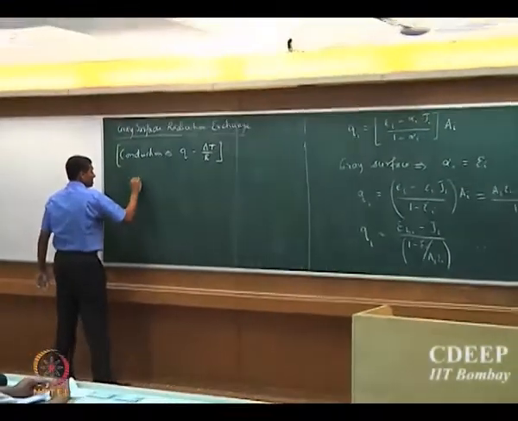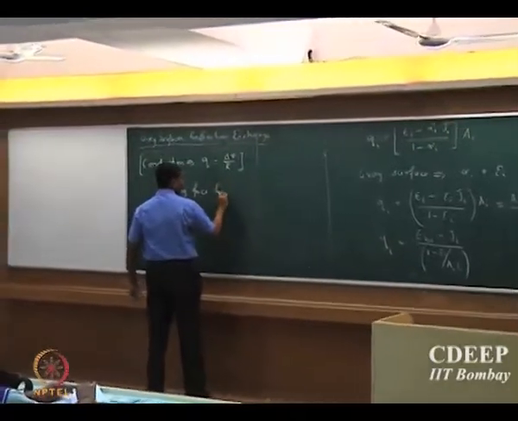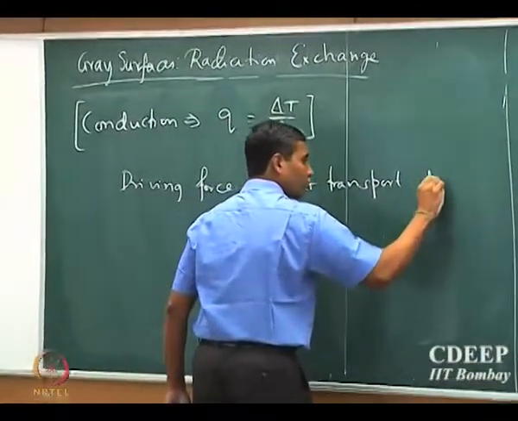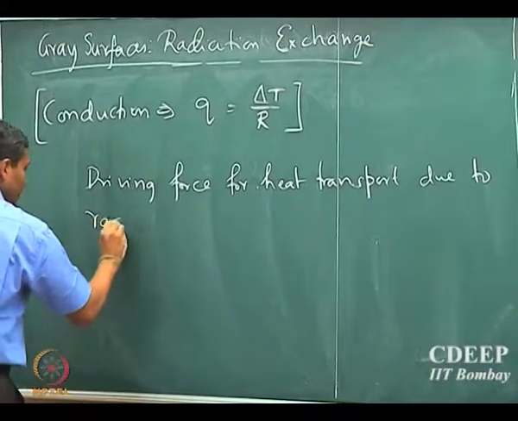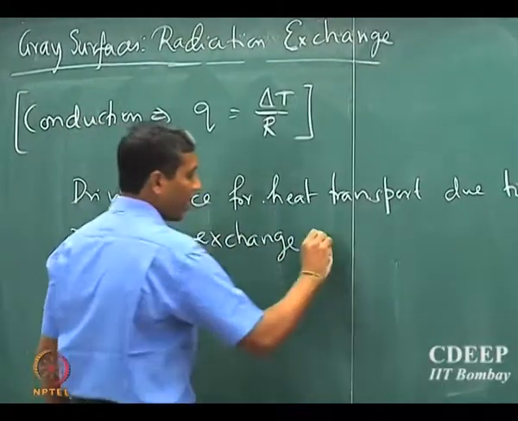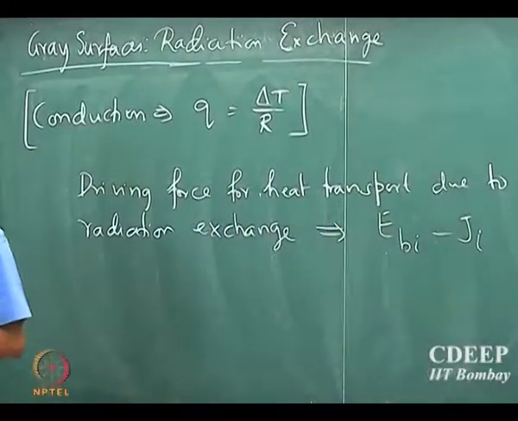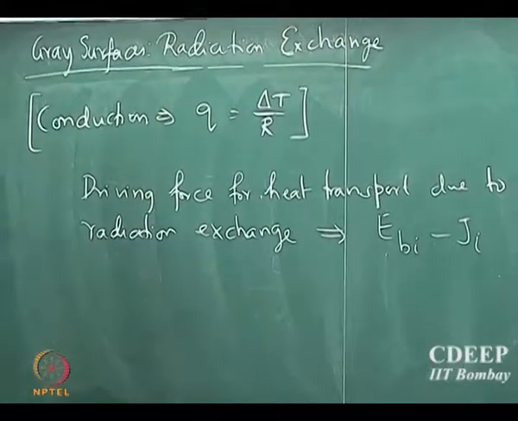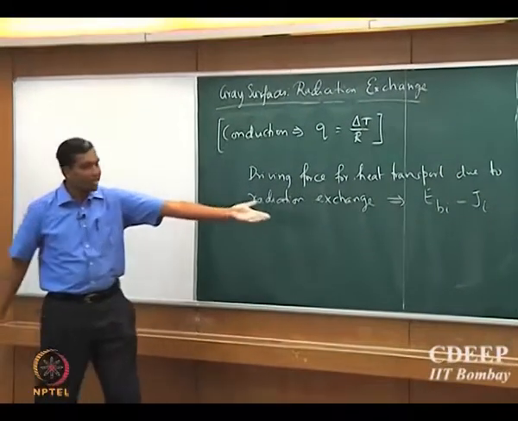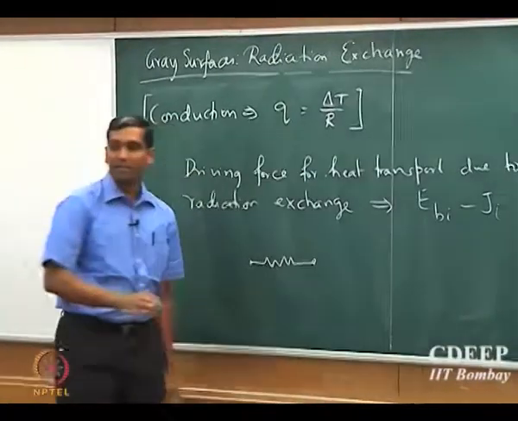So if we define the driving force for heat transport due to radiation exchange as Ebi minus Ji, very similar to how we define temperature difference as the driving force in conduction, we can easily represent it in terms of the resistance concept.